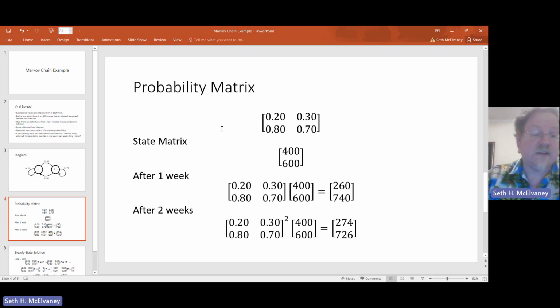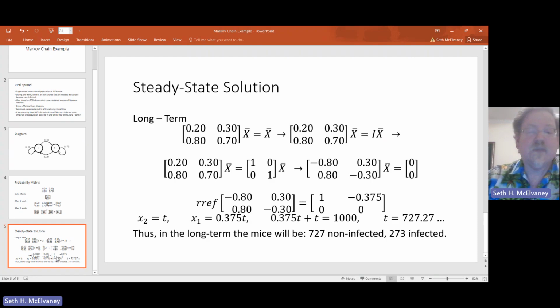I say this because in a regular matrix, the long-term outcome is the steady state solution. There were a number of people asking about how we determine a steady state solution, and it's pretty simple. We're going to call this steady state solution X bar.